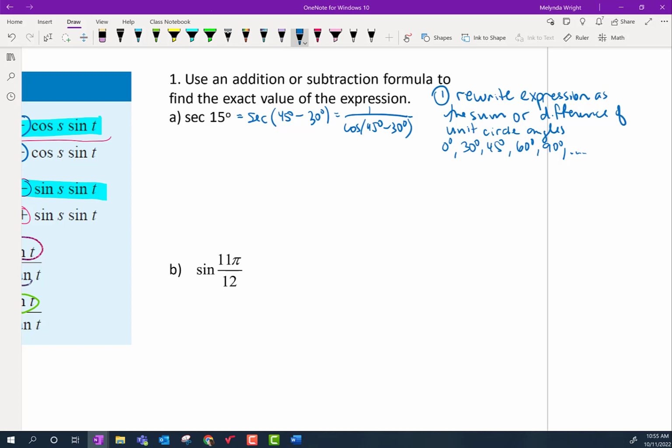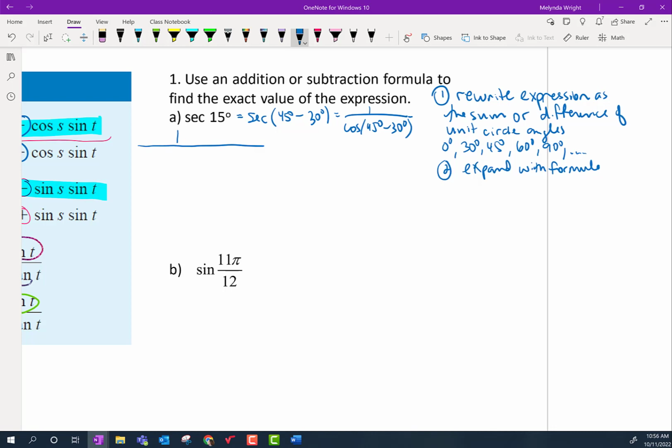Okay, so the second step, what we do next, once we get it rewritten, is we expand with the formula. We're going to expand this with whichever formula goes with it. Okay, so 1 over, let's see, it's cosine. We know cosine's the not so nice one. He's a little fussy. So remember, he has to come first.